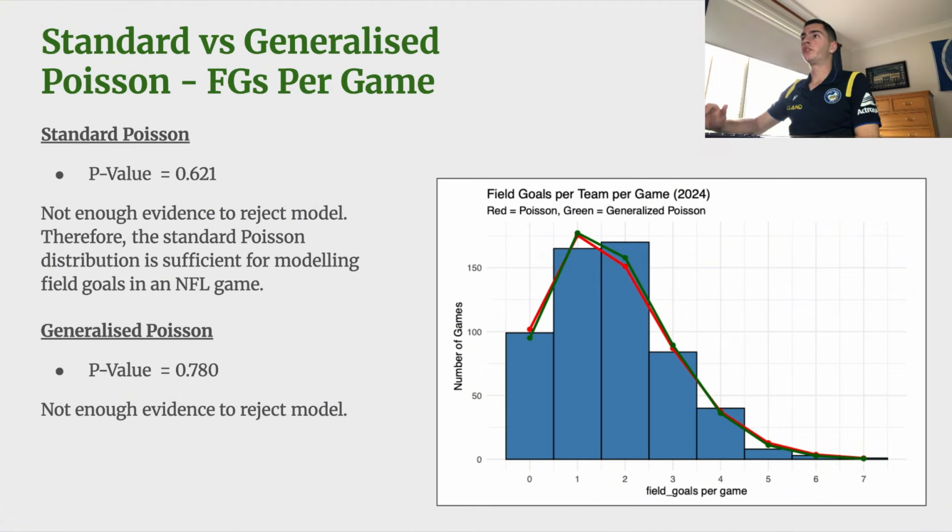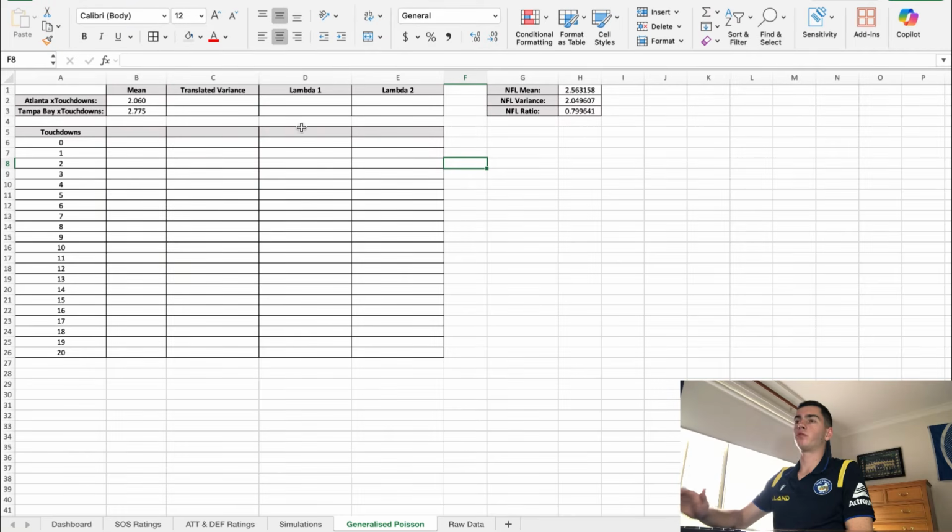Now that we've chosen the generalized Poisson distribution to model touchdowns, we can set it up directly inside Excel so that every team's expected touchdowns value is turned into a full touchdown probability distribution. The first step is translating a team's expected touchdowns into a variance. Earlier we found that from the 24 NFL data, the league average team scored 2.56 touchdowns per game with a variance of 2.05.